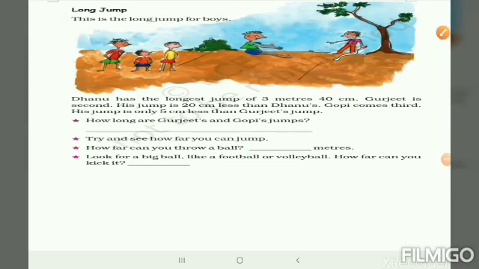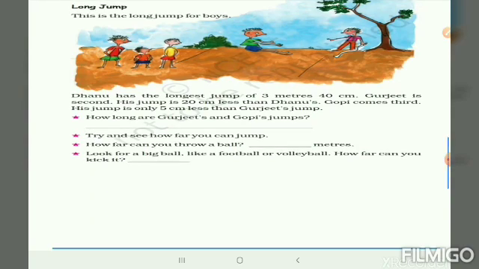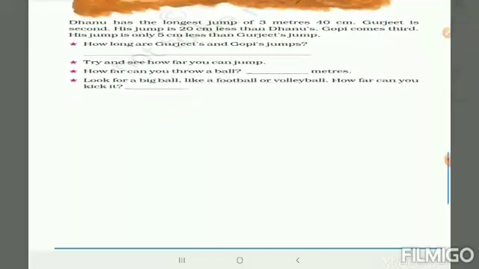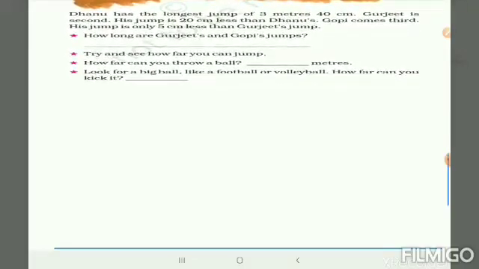Let's see the next question now. Long jump. This is the long jump for boys. What do you understand by long jump? It is something where you jump, and it measures how far or how long you can jump. Here it is said Dhanu has the longest jump of 3 meter 40 centimeter.